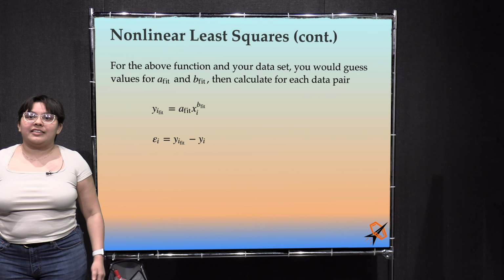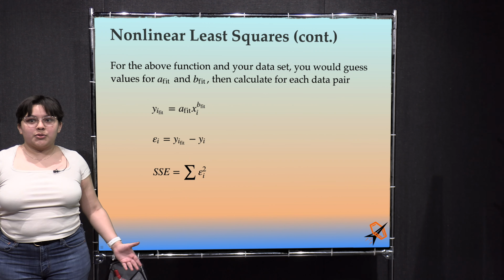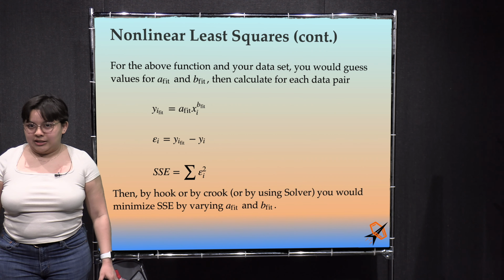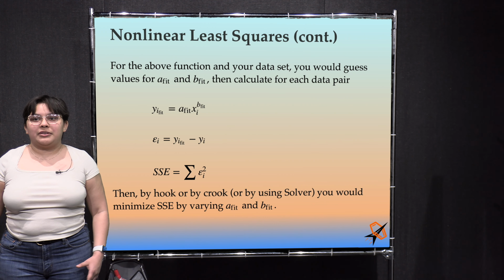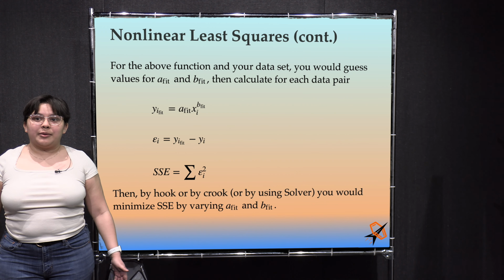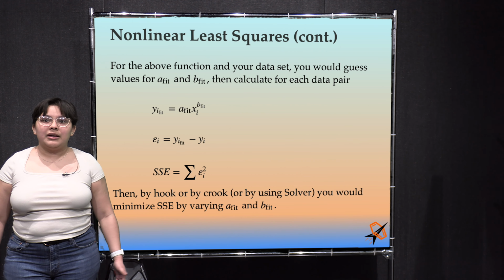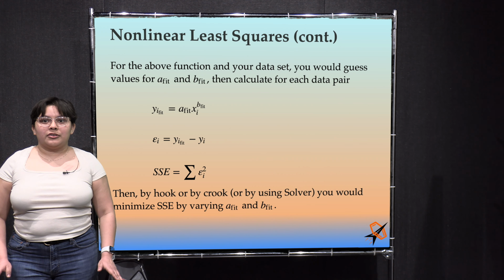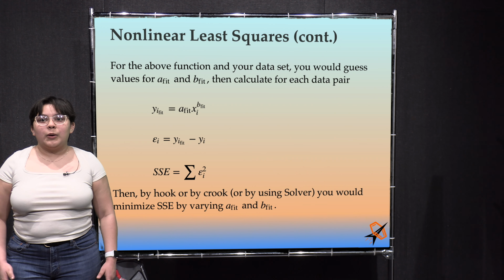Next, you would calculate the SSE, which stands for the sum of the squares of the residuals. Then, by hook or by crook, or by using Solver in LibreOffice, you would minimize the SSE by varying a fit and b fit. You can do the varying by hand, but it is a bit tedious and it's hard to tell when you've got the best minimum unless you do a lot of plotting of points. So it's easier to let Solver do it for you. As mentioned, the link in the description is to a video that explains doing nonlinear regression with a spreadsheet in more detail.